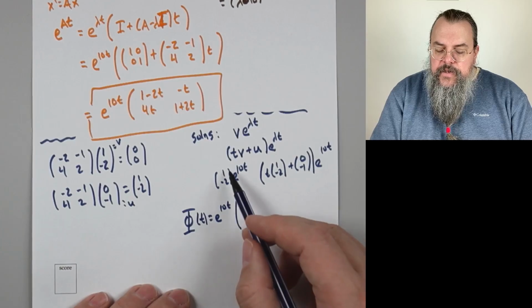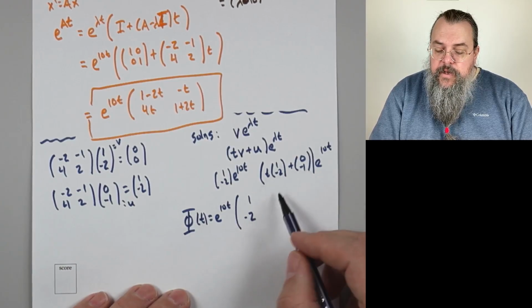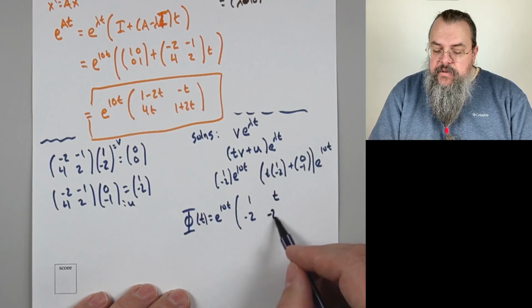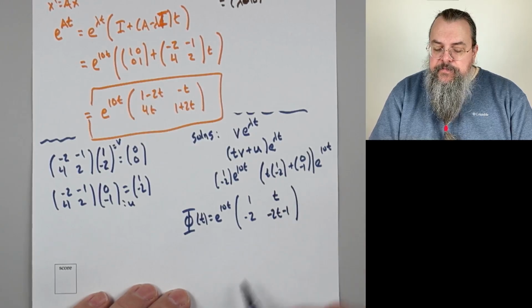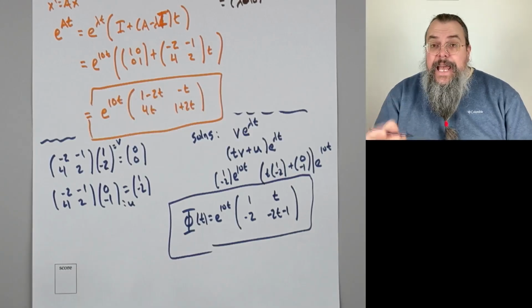Our first column would be 1, minus 2. And our second column would be t plus 0 and minus 2t minus 1. And there's our answer for a fundamental matrix.